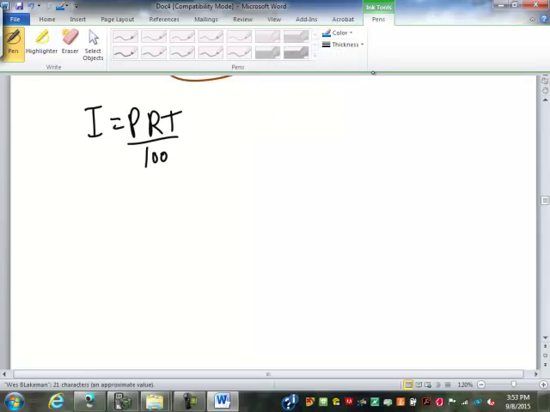So in this formula, let's say that you want to earn $160 in interest on an investment of $24,000 in the period of, well, let's go 1 year.